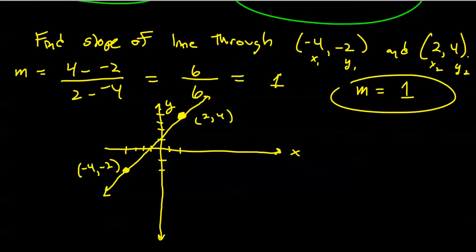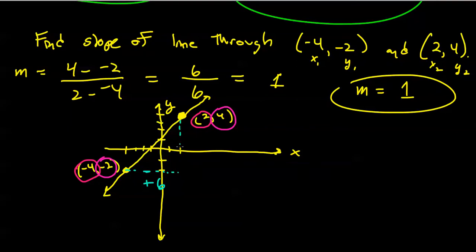I can see my x value goes from -4 to 2. That is a change of +6, my horizontal distance between those 2 points. Similarly, my y value goes from -2 to +4, which is also a change of 6.